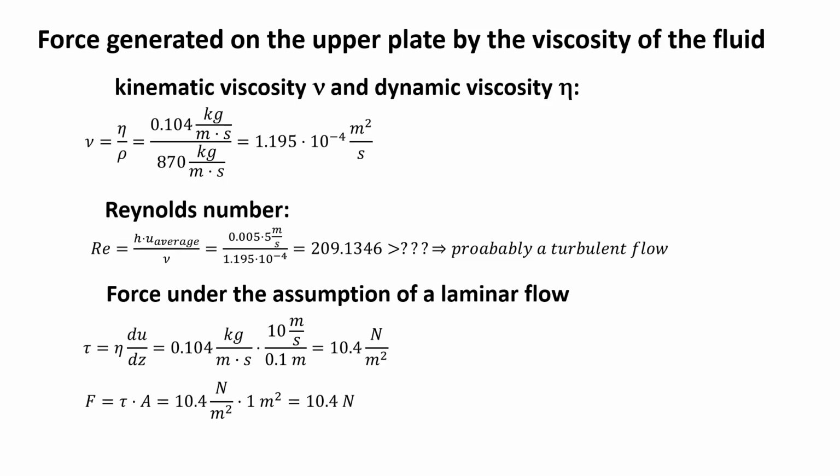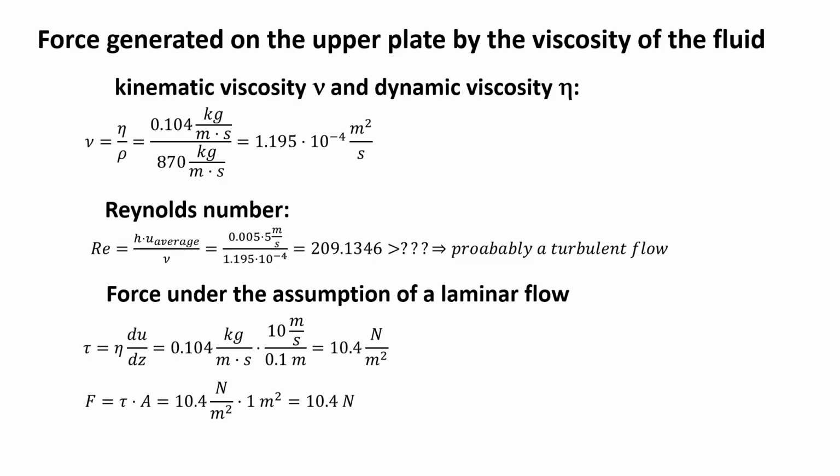And last, we take a look at the force which is generated. We assume that we have a laminar flow and a linear speed distribution. So we get a shear force. This is calculated with the dynamic viscosity and the gradient of the velocity.